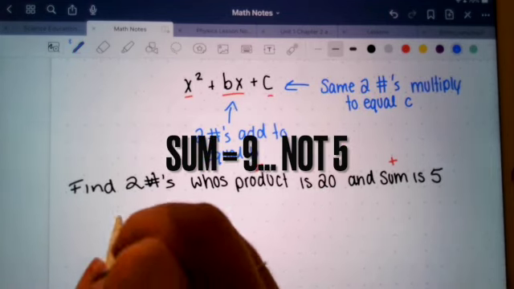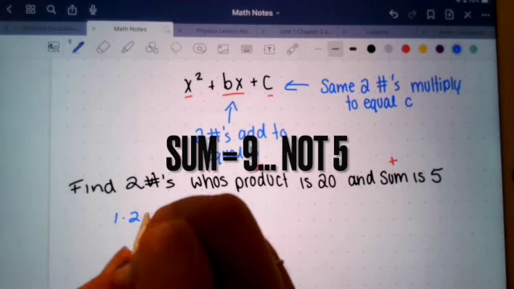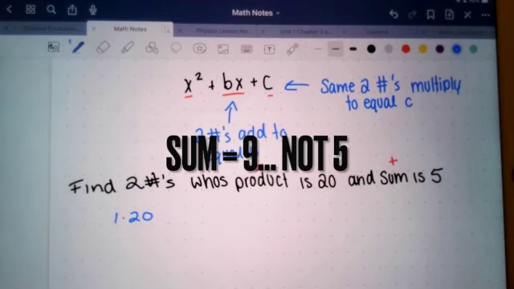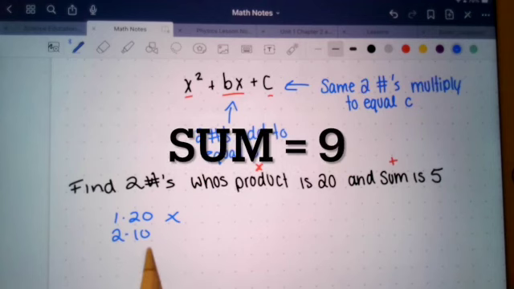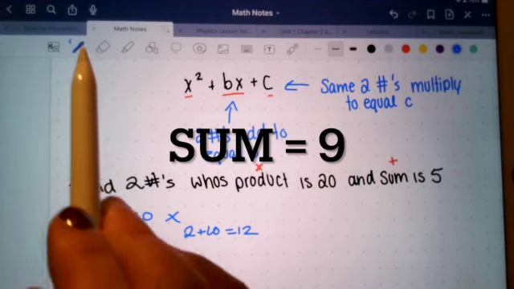So here, I'm going to go 1 times 20. I'm going to check the products first because it's a little bit easier. Now, 1 and 20, there is no way that that is going to add to equal 5. So that does not work. Now I could try again. 2 times 10. Well, 2 times 10, if I add it together, is going to be 12. So 2 plus 10 equals 12. So that does not work either.